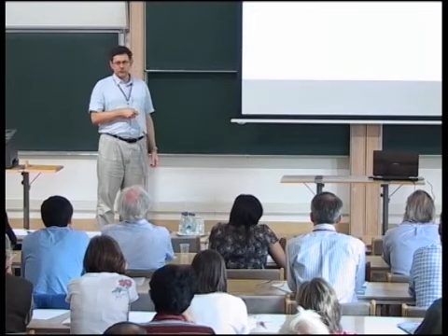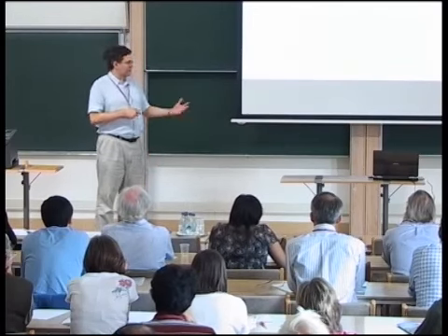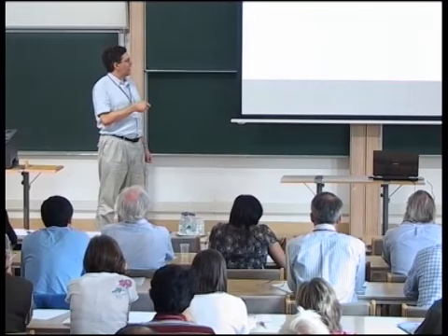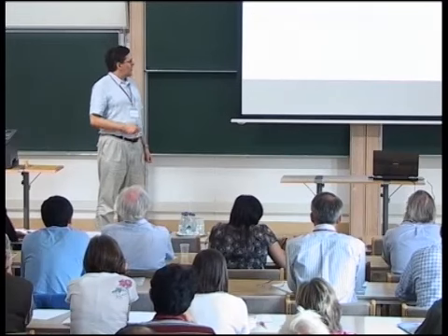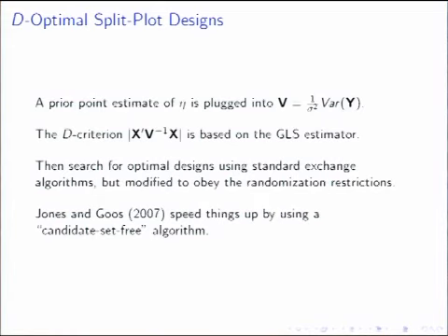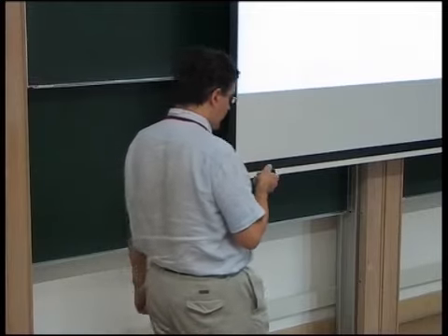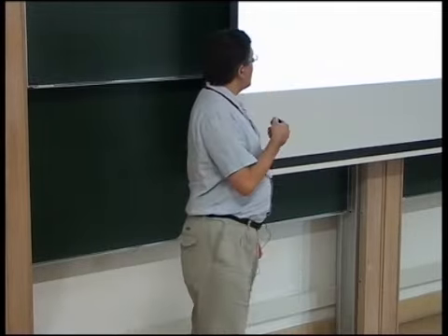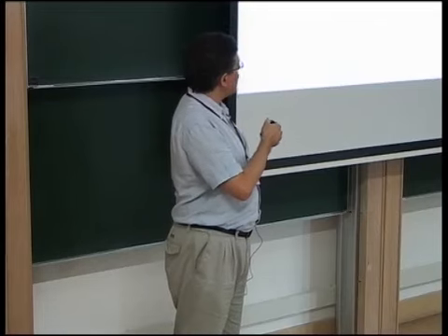And typically you try that several times for several different starting designs and pick the best one. More recently, Bradley Jones and Peter Goos have come up with quite a neat algorithm which speeds that up considerably by being what they call candidate set free.